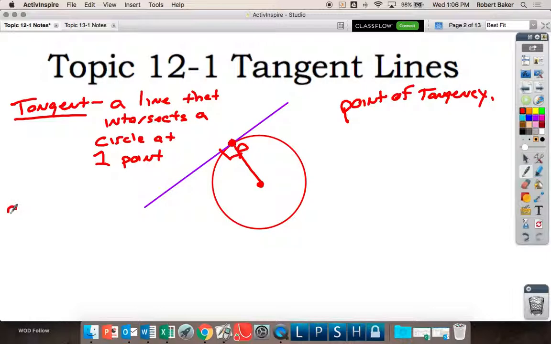So a radius is perpendicular to a tangent. No matter what tangent line you draw, there will be a radius that is perpendicular to it. That's why I have this picture right here. A radius and a tangent are perpendicular to each other. Cool, right?